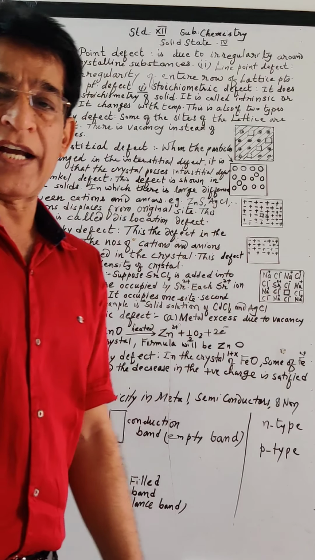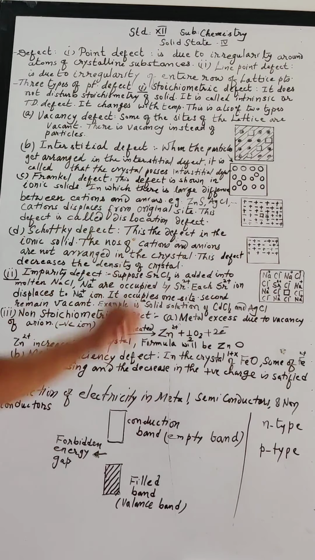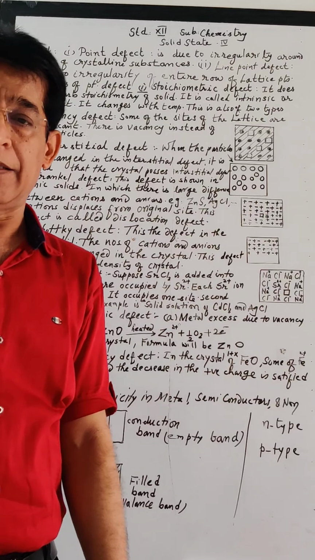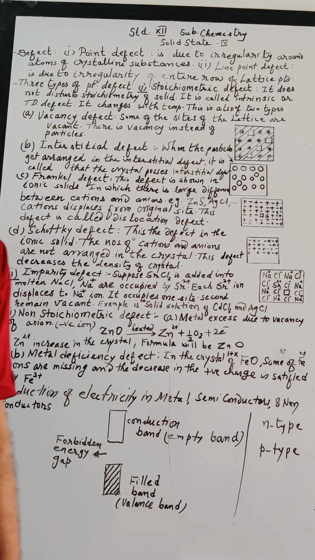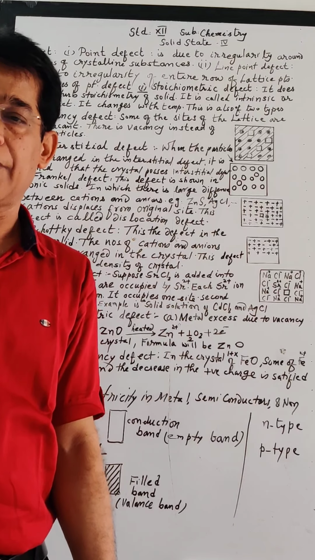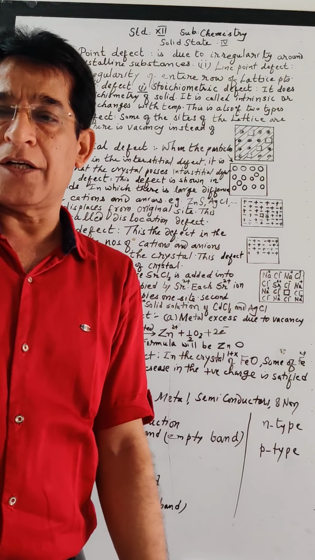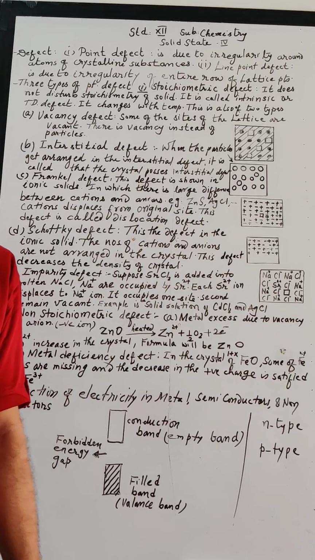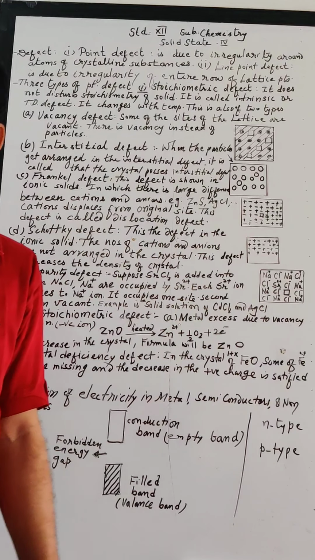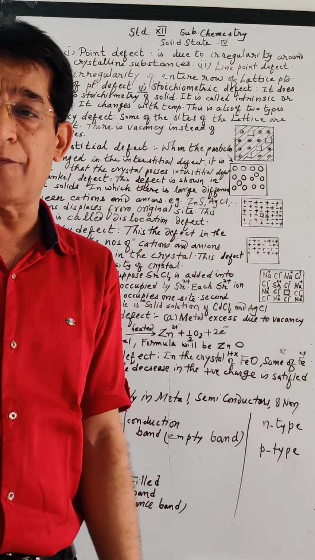There are also two types: A, vacancy defect, and B, interstitial defect. Vacancy defect: some of the sites of the lattice are vacant. There is a vacancy instead of particles.